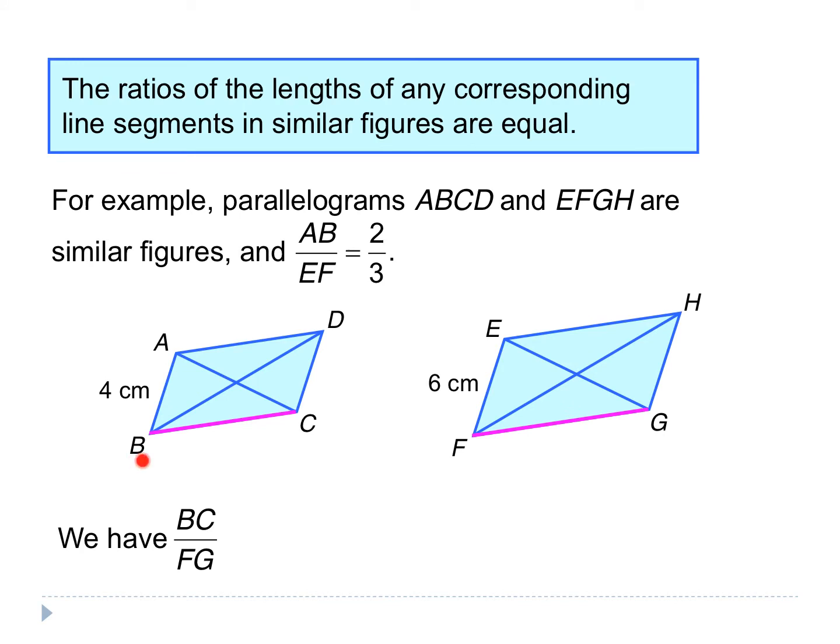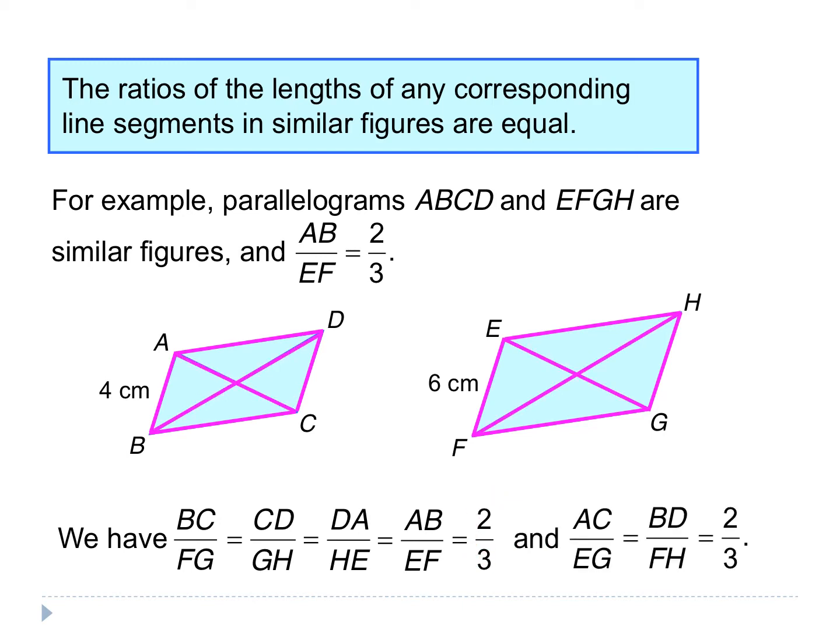We can say that BC over FG equals CD over GH, which is also equal to DA over HE, equals AB over EF, which is 2 over 3. So all these ratios will be 2 to 3.